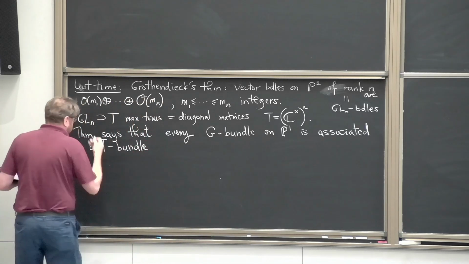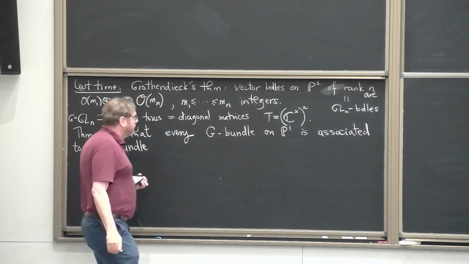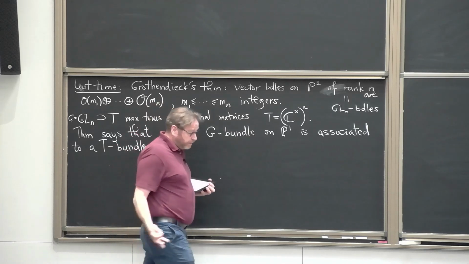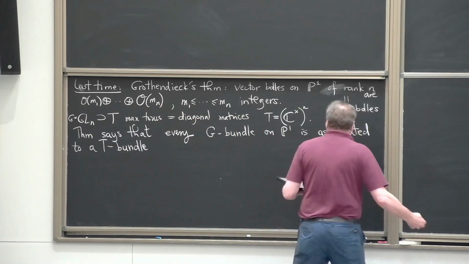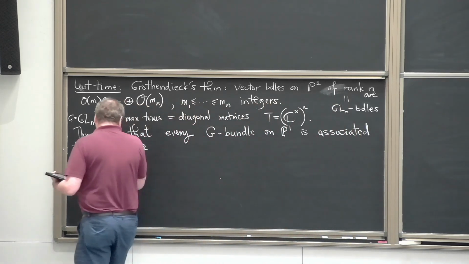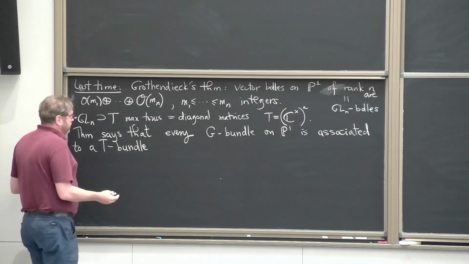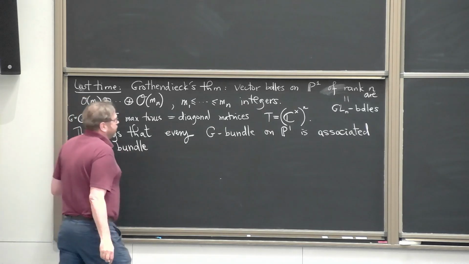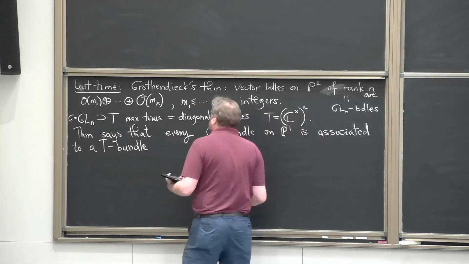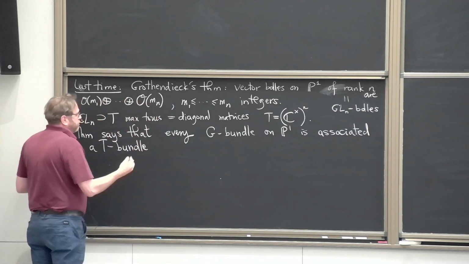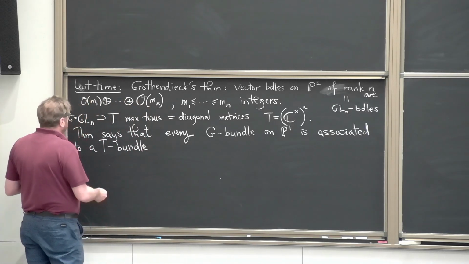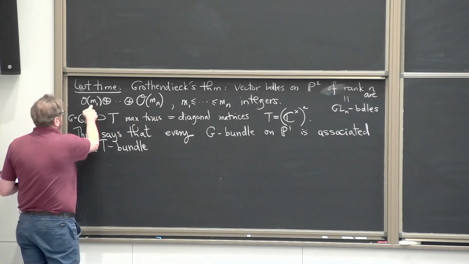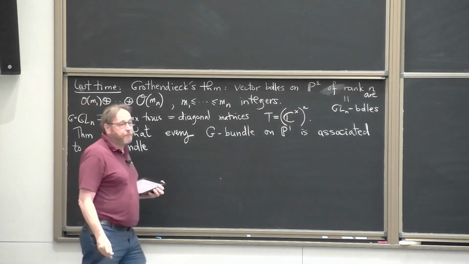Which means that the structure group of this bundle, as people say, reduces to the torus. But moreover, what are T bundles? Well, T is a product of C stars, so a T bundle is just a product of C star bundles, and a C star bundle is a line bundle, so it's of the form O(m).